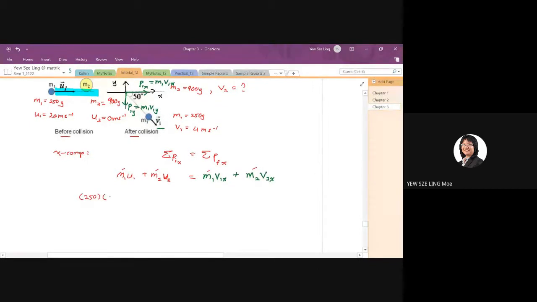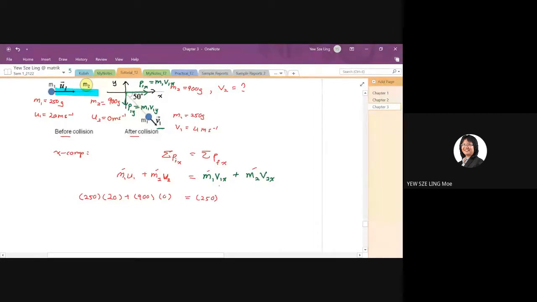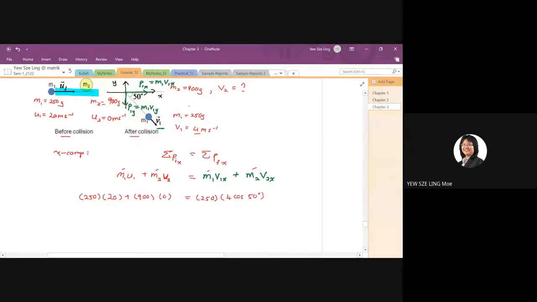250 times 20 plus 900 times 0 equals m1, which is still 250, times v1x. Now, what am I going to do with v1x? I have v1 equals 4, so 4 cos 50 degrees, and it's going towards the positive x direction, therefore it is a positive value.